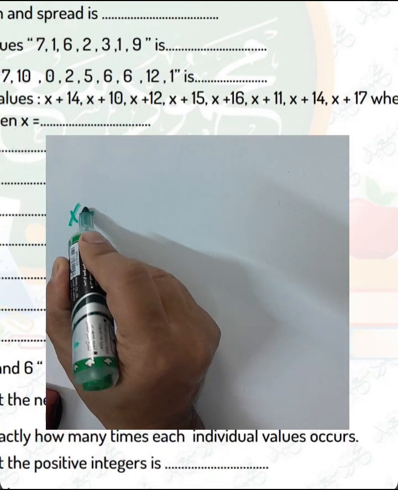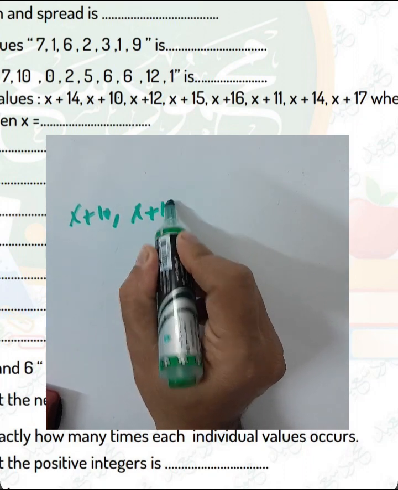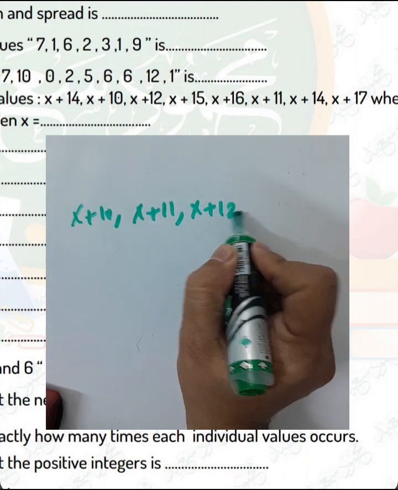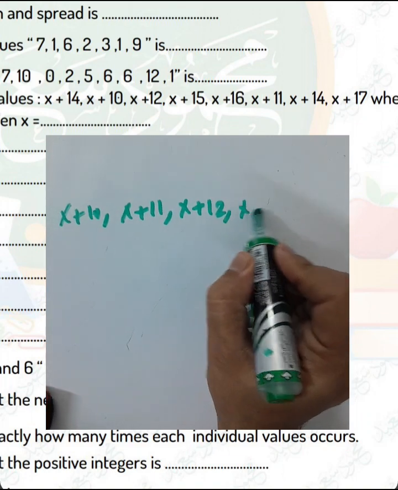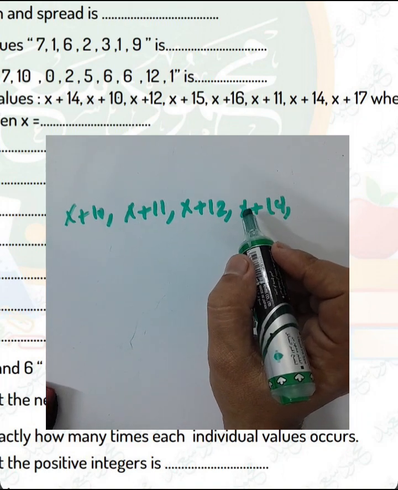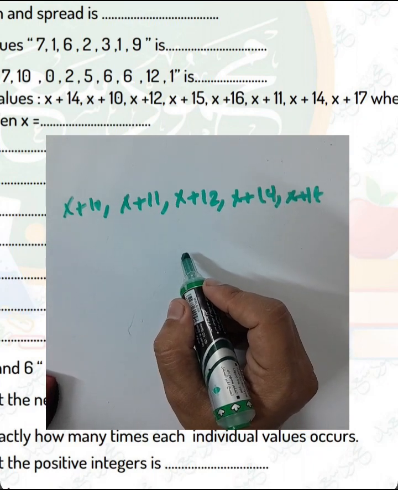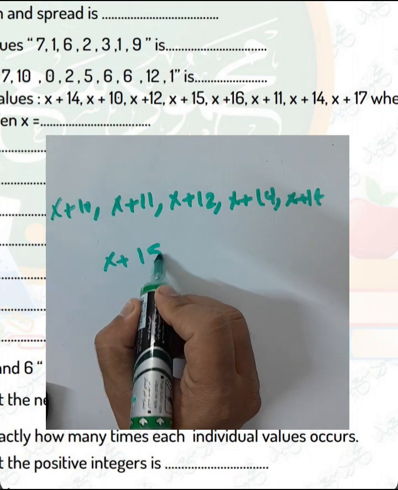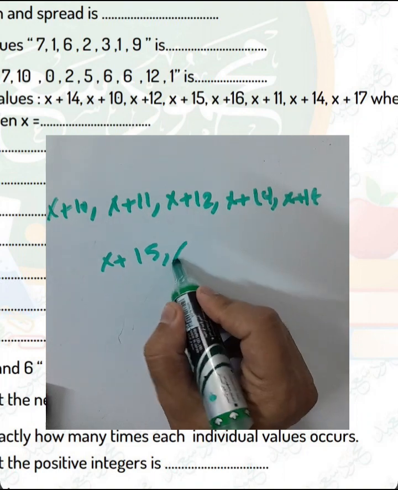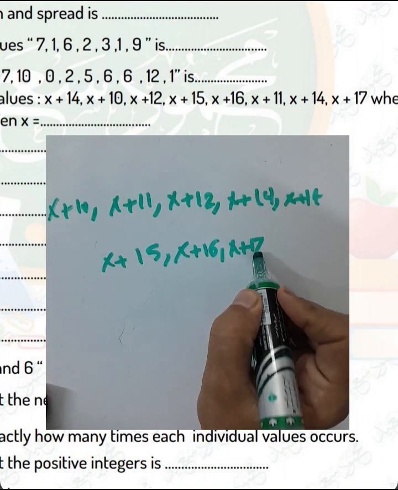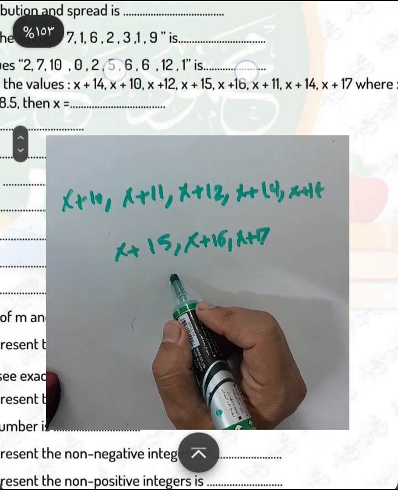Arrange, write x plus 10, x plus 11, x plus 12, x plus 14, x plus 14 again, x plus 15, x plus 16, x plus 17. He tells us the upper quartile of all values is 18.5.